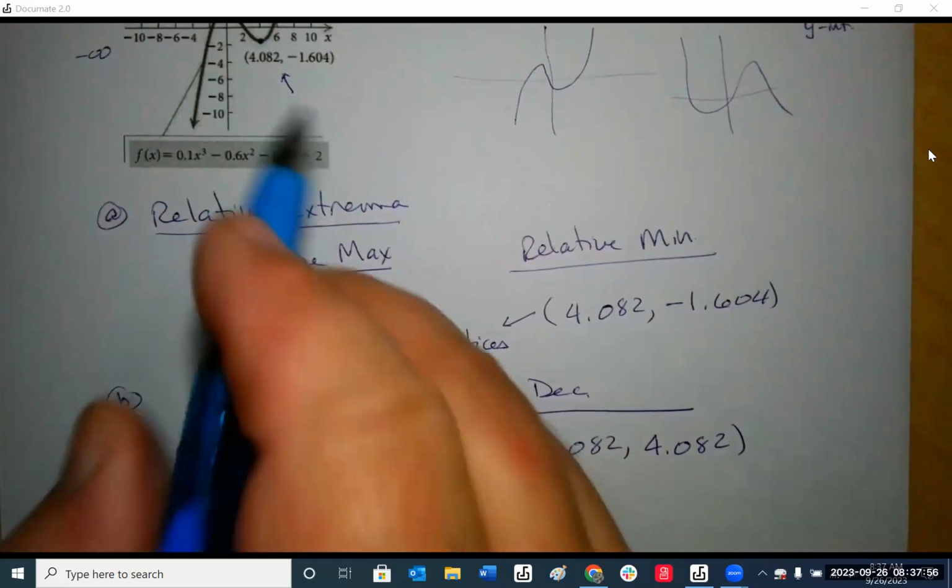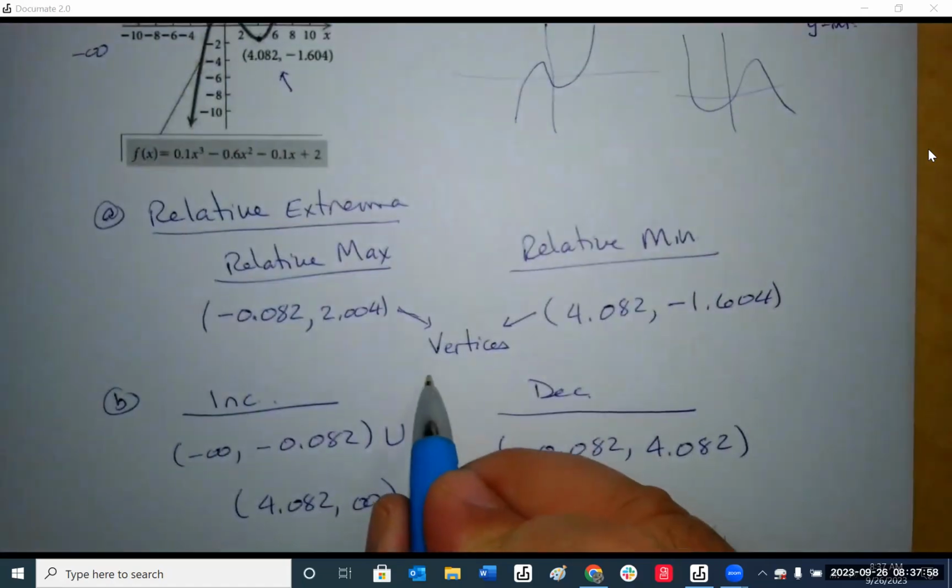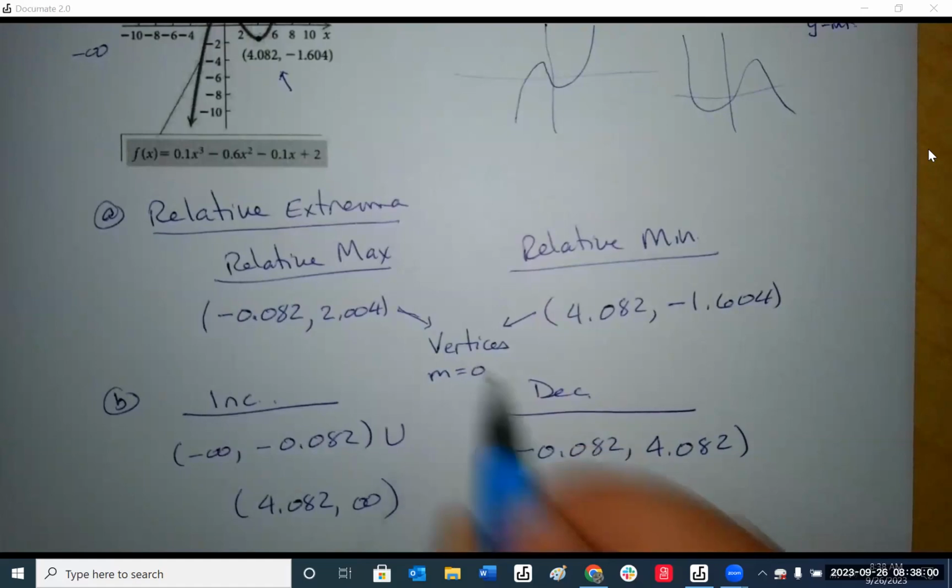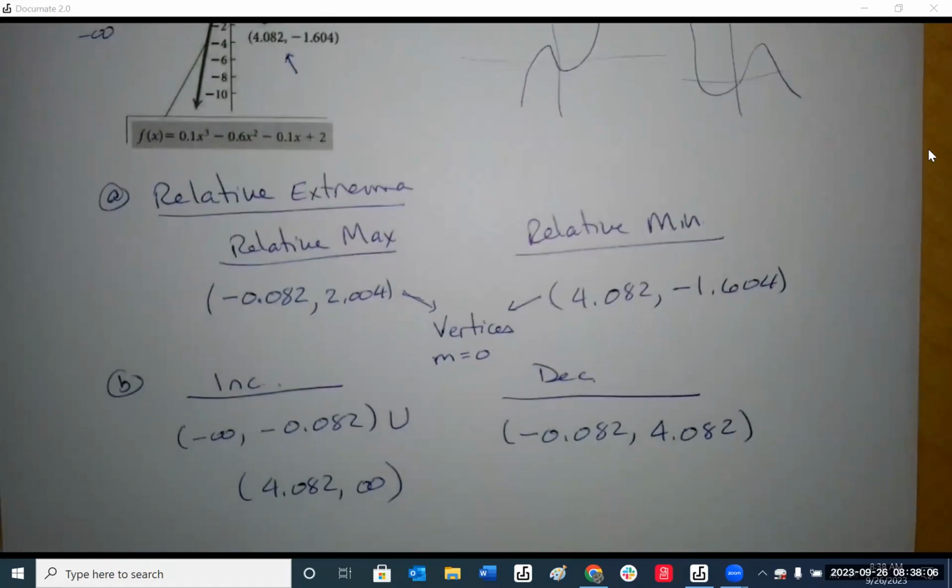We know they're vertices because they're top and bottom, and their slope is equal to 0. We can now describe what's happening in the graph.